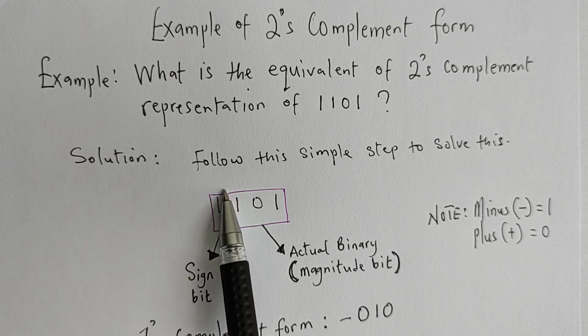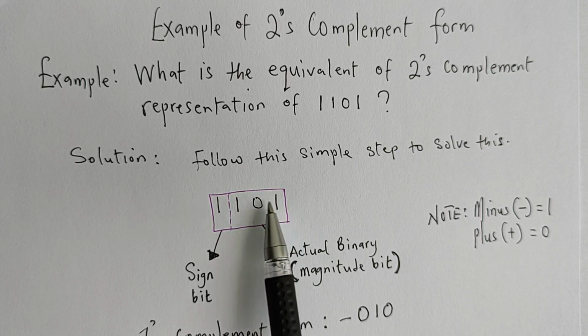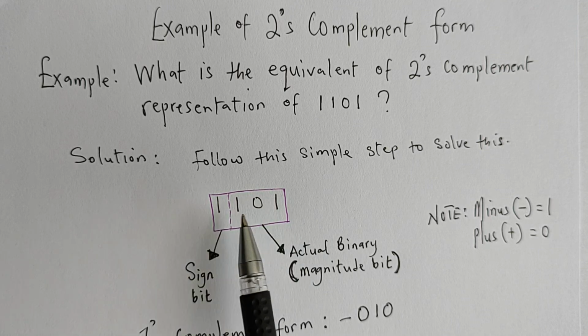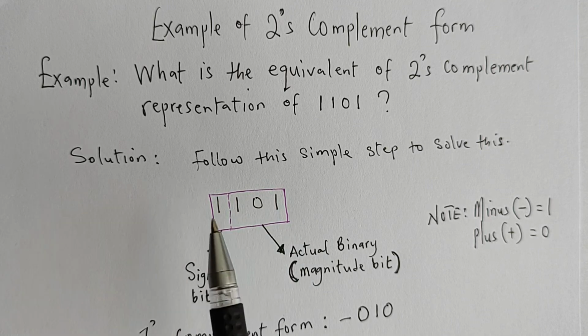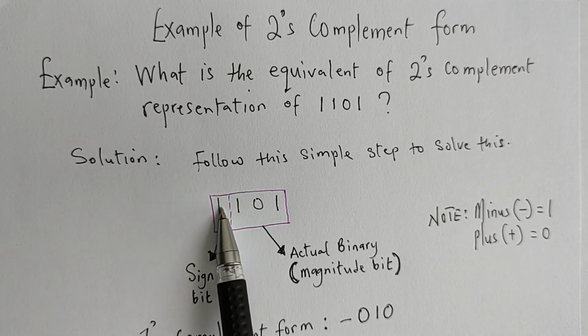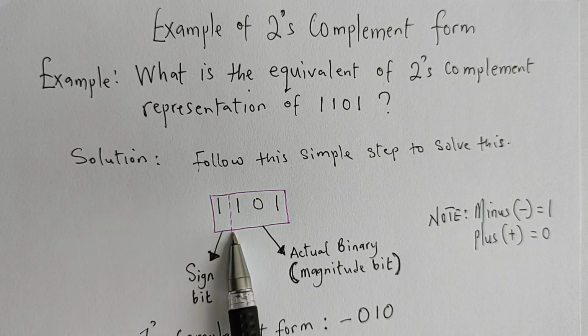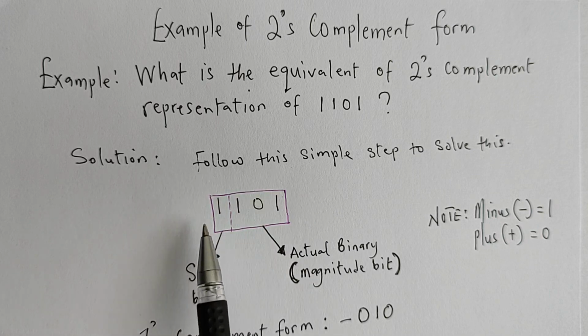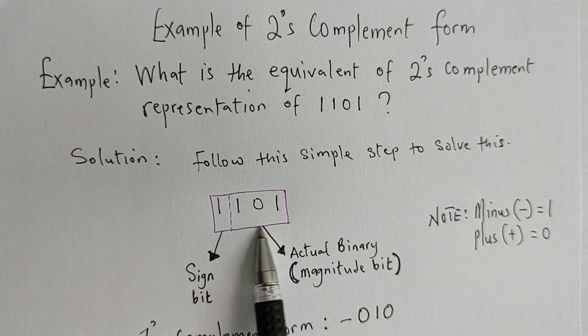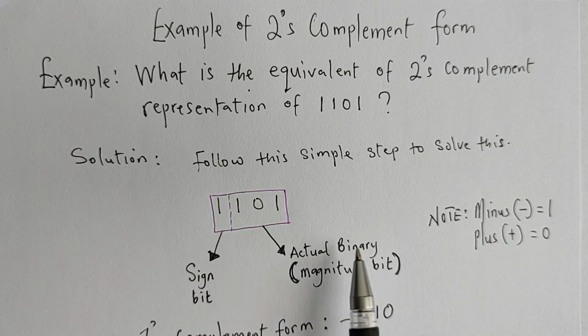Now the next thing we need to do, we need to demarcate it. We need to separate it, to divide this value into the sign bit and the magnitude bit. The first bit you have is nothing but the sign bit. This is to demarcate so that we can have the appropriate syntax. And then the other bits are nothing but the actual binary, which is also known as the magnitude bit.